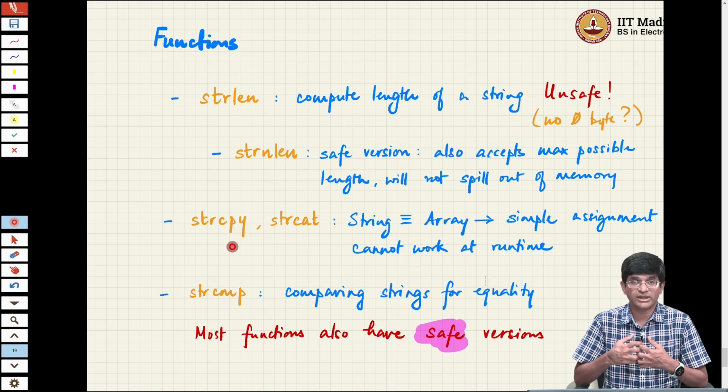I would definitely want to do that with strings, and strcmp, string compare, is a way of doing precisely that. Most of these functions have a default version which is potentially unsafe because of this 0 byte ending problem, and they also have safer versions that avoid that kind of issue. Mostly what we will be looking at is the basic version, and also giving you information about where to look up and find out a little bit more about the safer versions.